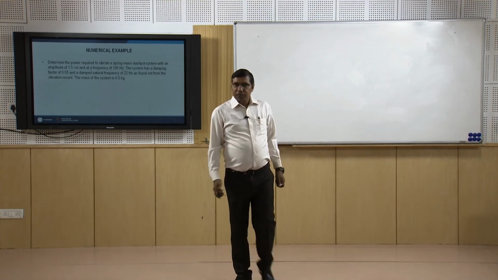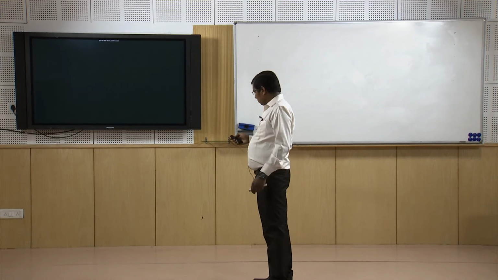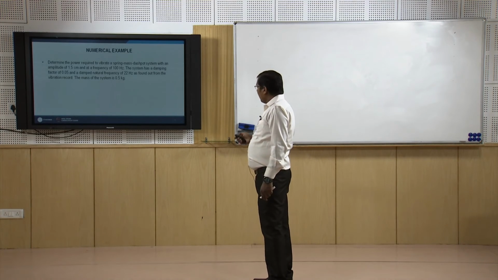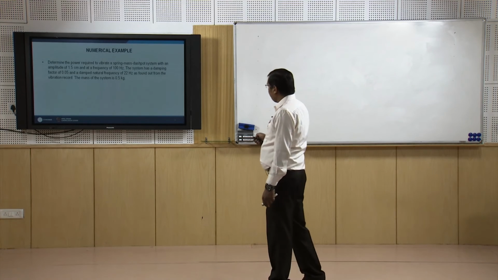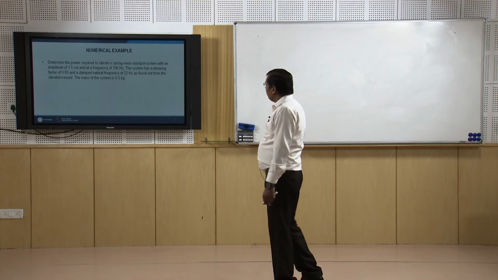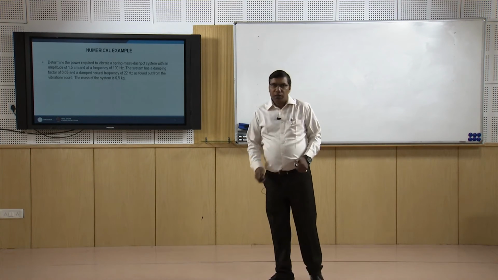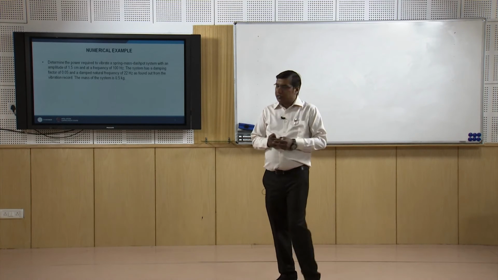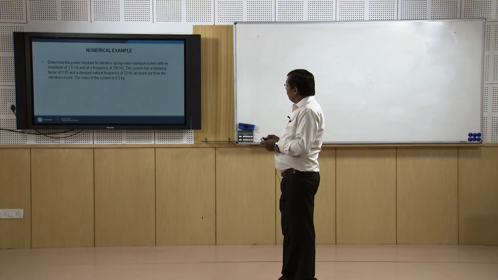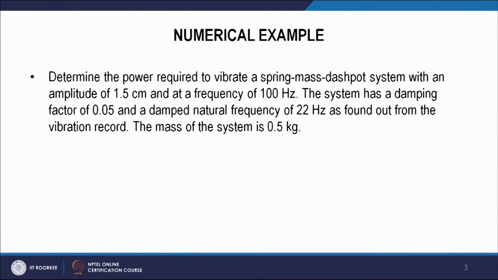So here we have to determine the power required to vibrate a spring-mass-dashpot system with an amplitude of 1.5 centimeter and at a frequency of 100 Hertz.